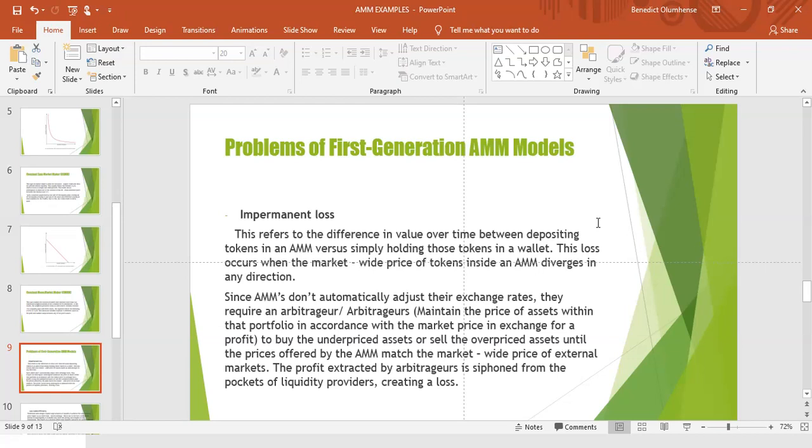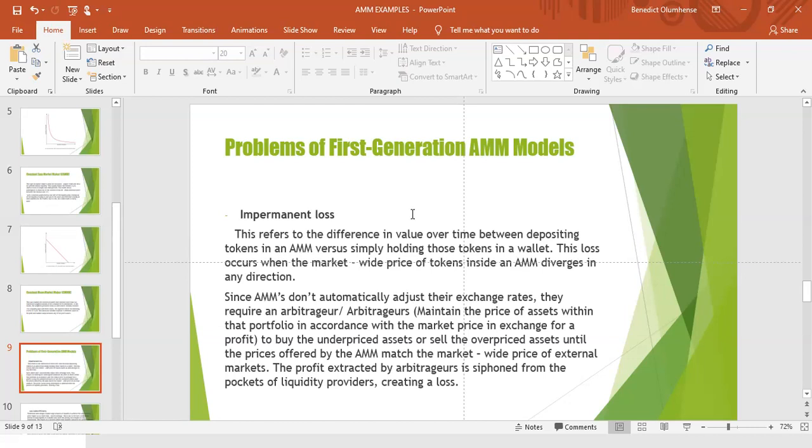Now, if that fixed deposit was being run by a smart contract, there will be a difference in value by time if you compare 6 months to 12 months, versus if you held your tokens in your wallet without trading them, right? So that is the difference. That's what we mean by impermanent loss, right?